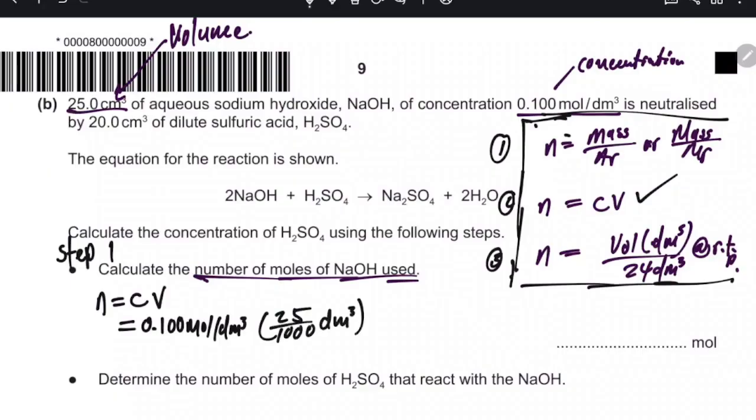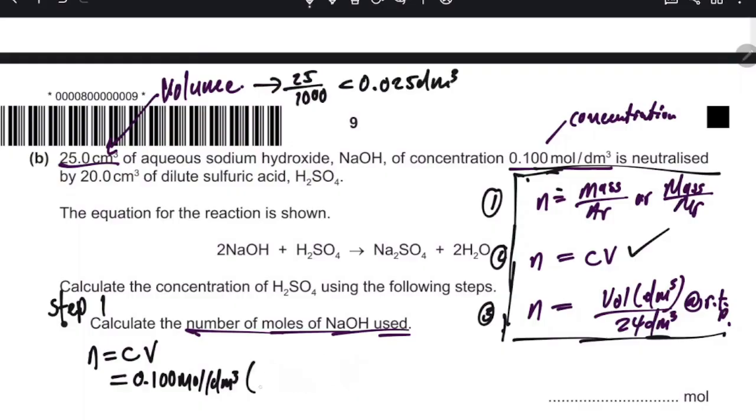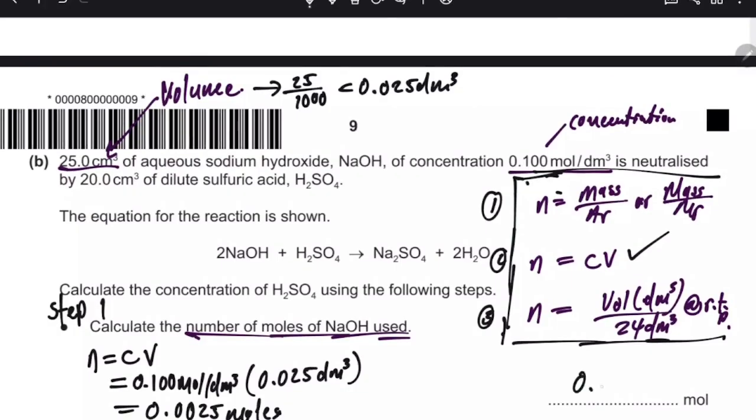If you want, you can do 25 over 1000 in your head, which is 0.025 dm cubed. So you can put it here: times 0.025 dm cubed. Somebody, can you multiply? You get 0.0025 moles. That's how you do it, okay?